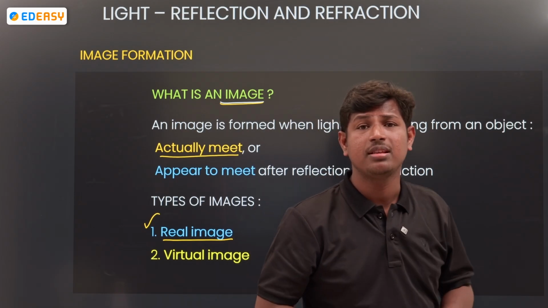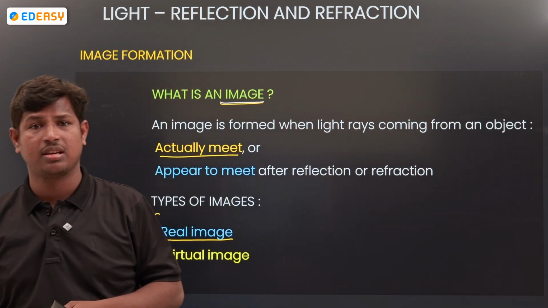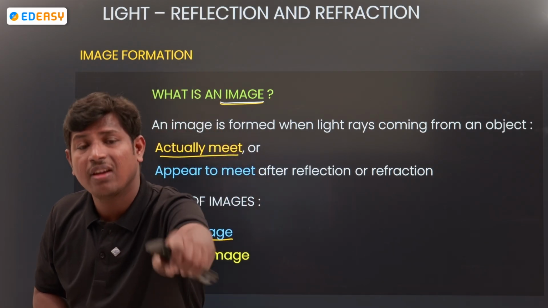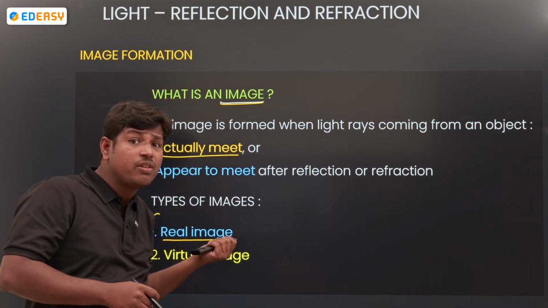When you get a real image, the actual light rays after reflection or refraction meet at a point. Real image. And when do you get a virtual image?